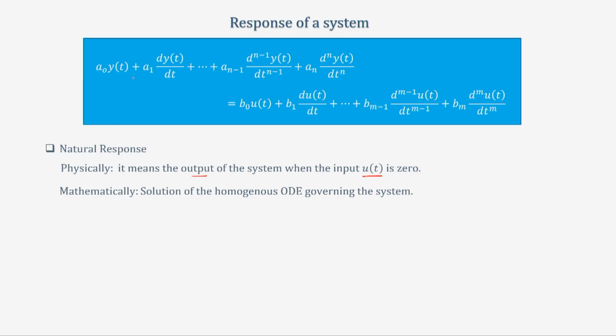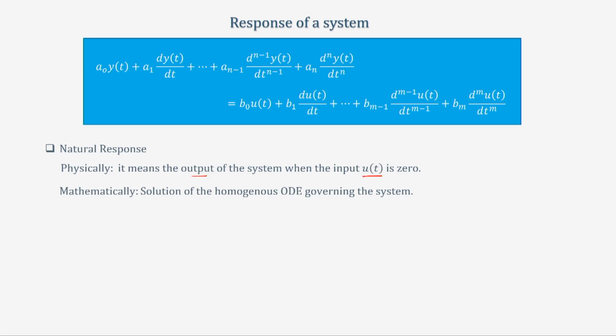That means that you take the differential equation corresponding to the system, you put u(t) equal to 0 on the right hand side, and you solve this differential equation, and you can see that this is nothing but the solution of a homogeneous ordinary differential equation. So, finding out the natural response of a system physically is equivalent to finding out the solution of the homogeneous ordinary differential equation for the system.